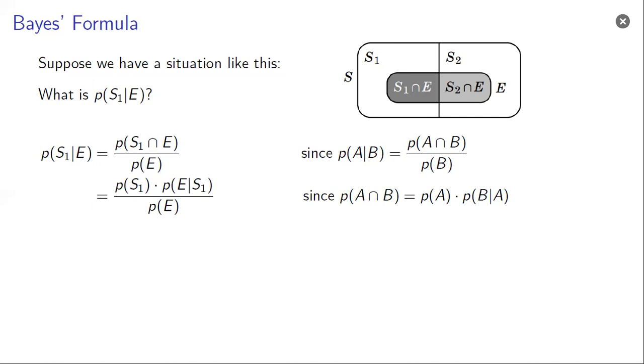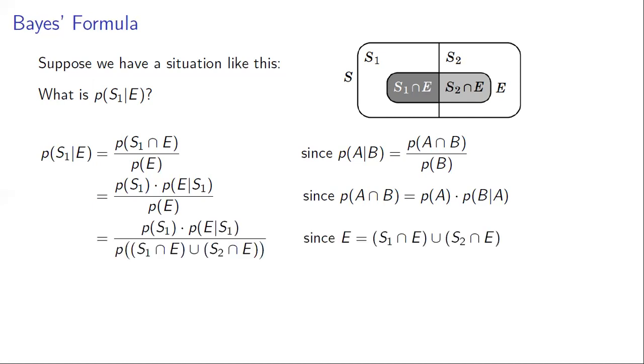Now we go a step further, and we notice, well, I wouldn't say this would be easy to come up with, but it is a true fact that E is equal to this part union this part, this darker gray union this lighter gray area.